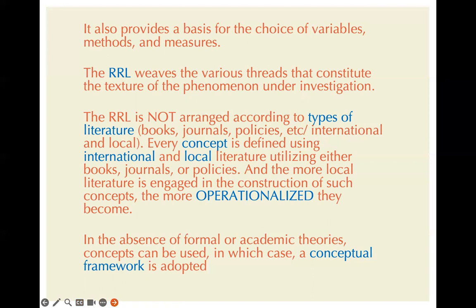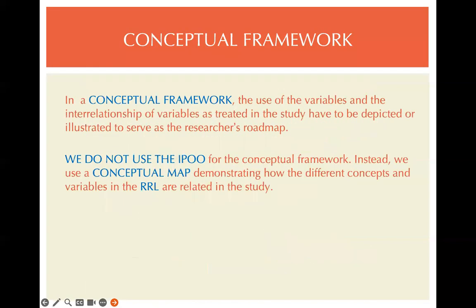A theoretical framework is an adaptation of a theory in toto, whereas a conceptual framework is an adaptation of multiple theories to represent that which is being studied. So in a conceptual framework, therefore, the use of the variables and the interrelationship of the variables as treated in the study have to be depicted or illustrated like a researcher's roadmap.